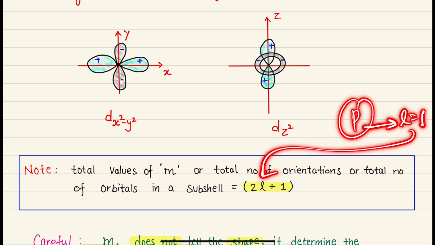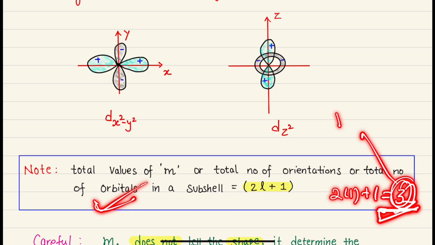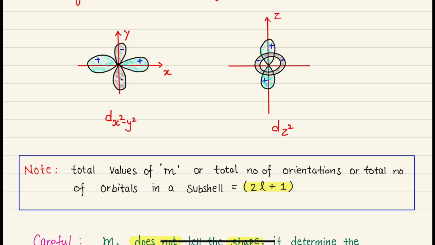So put the value here: 2 into 1 plus 1. How much did we get? 3. It means the p subshell has 3 types of atomic orbital: px, py, pz. Understood? So this is a note. Total value of m, or total number of orientations, or total number of orbitals in a subshell equals 2l plus 1.